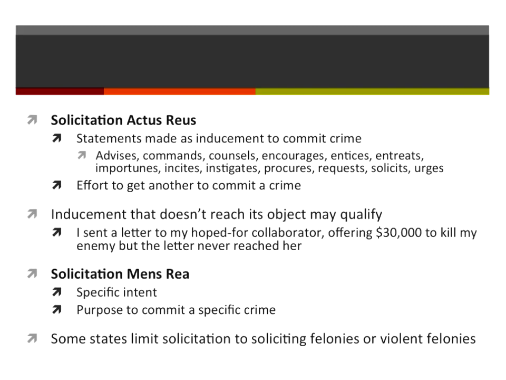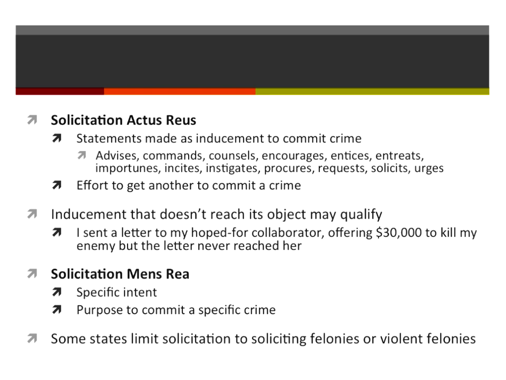The actus reus here is statements made to induce somebody to commit the crime. Language in the law might say advises, commands, counsels, encourages, entices. An inducement that doesn't reach its object may also qualify. So if I send a letter to somebody I would like to solicit to commit a crime, and I offer them $30,000 to kill my enemy, but the letter never reaches her, I have still technically solicited that offense.